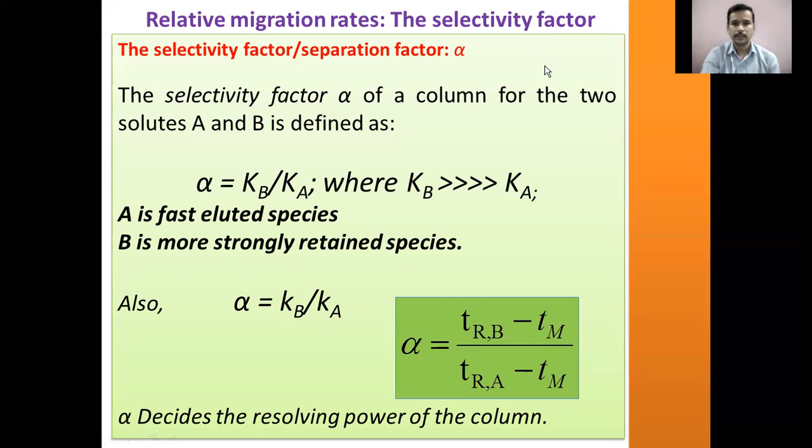So selectivity factor is the other terminology which is used to express the relative migration rate of the solute, and mathematically it is denoted by alpha.